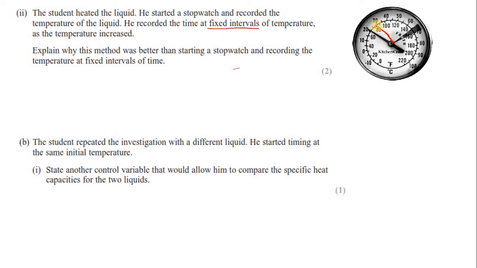It is difficult to read the accurate temperature, or it could be in between somewhere, or maybe here or any other place. So we cannot read temperature accurately if the needle is in between two readings or two numbers. So of course it will not be accurate. So it is a good idea that we fix the temperature interval and measure the corresponding time. It's all because of the large resolution.